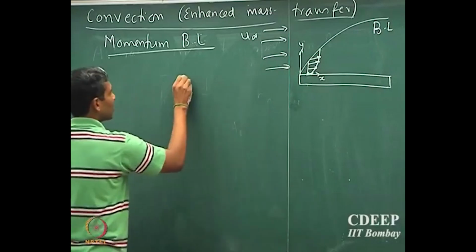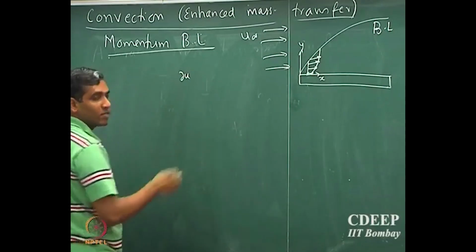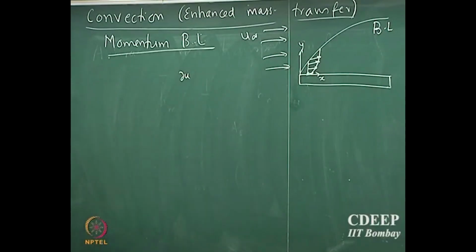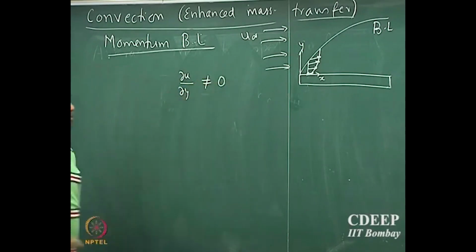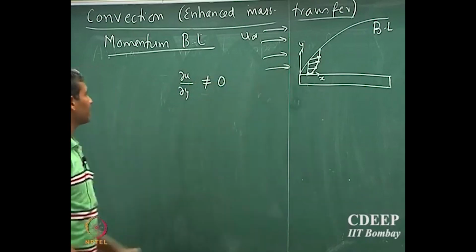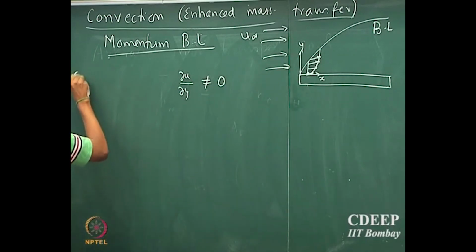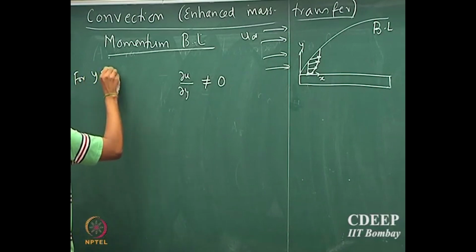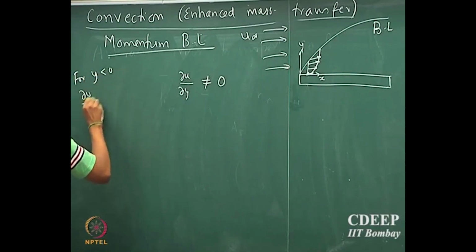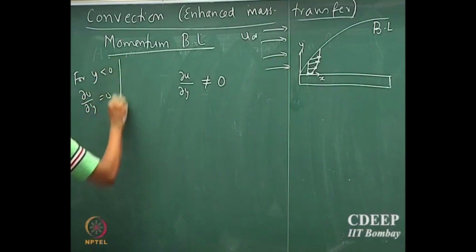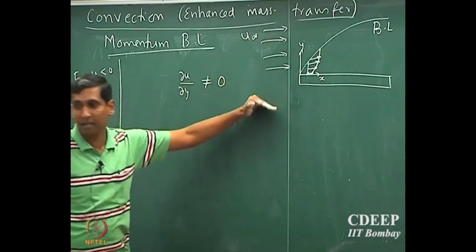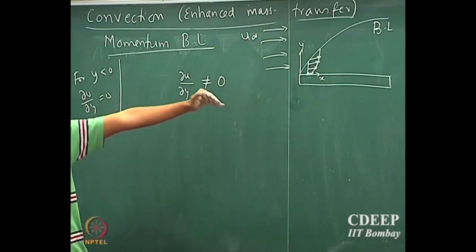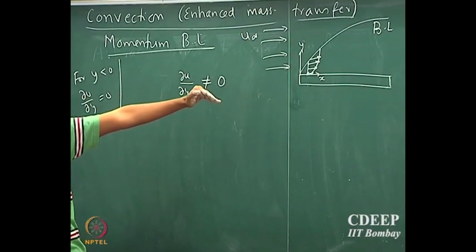So therefore, if u is the x component velocity, du by dy is not equal to 0, okay. So before the plate, for x less than 0, du by dy is 0, okay. This is very important because we assume that it is a flat velocity profile, and so the velocity of every fluid particle is exactly the same, and so there is no gradient in the y direction.